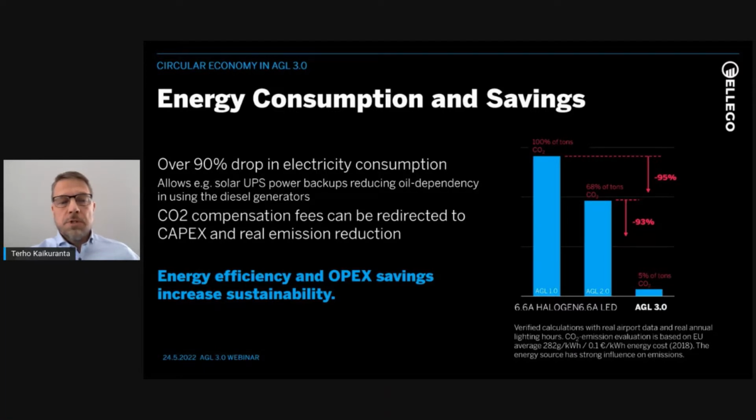But this energy efficiency, of course, increases the OPEX savings. And of course, this evaluation was done a bit earlier, so the current electricity price trend seems to be going in a more expensive direction, so that needs to be taken into account as well.